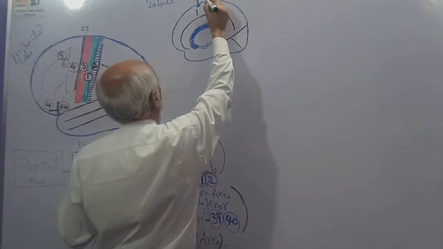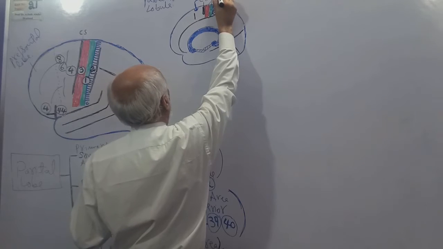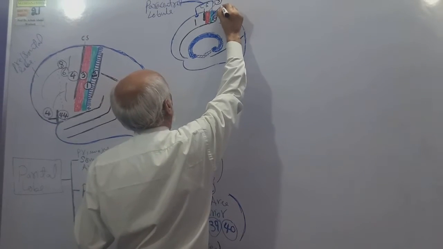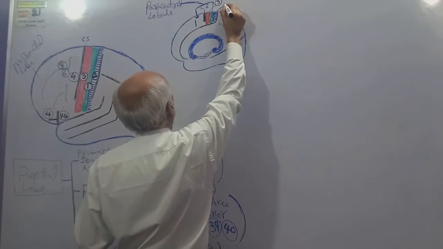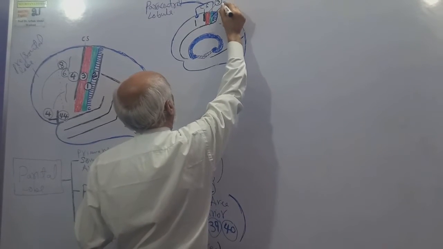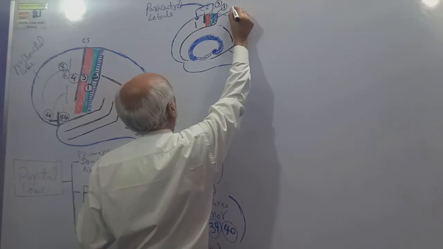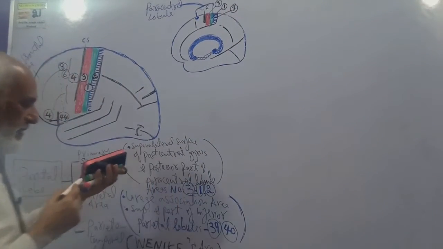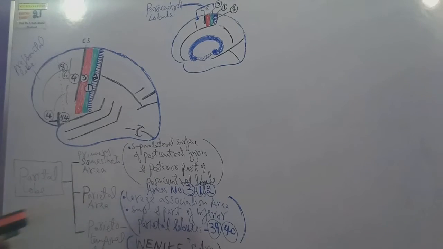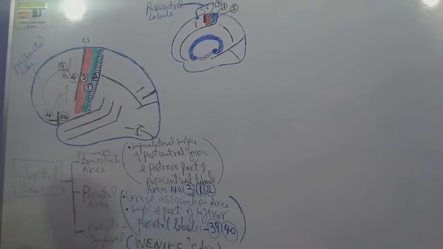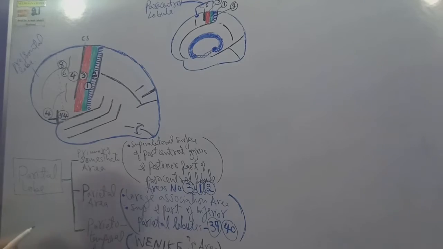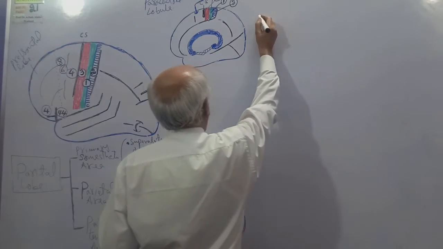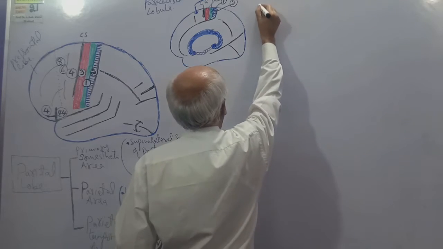Same areas are here: Brodmann cortical area number 3, Brodmann cortical area number 1, the middle one, and Brodmann cortical area number 2 on the posterior part of the paracentral lobule. Now, Brodmann cortical area number 3.